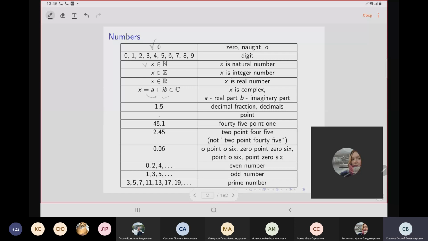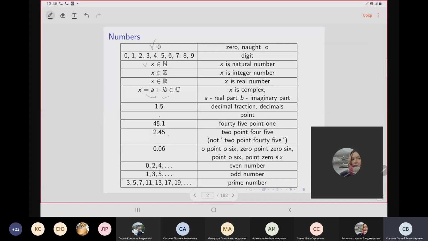Next, decimal fractions, like 1.5. The delimiter between the natural number and the fraction is called point. So 1.5. Next one, it is an example of spelling. For example, 45.1 and so on.